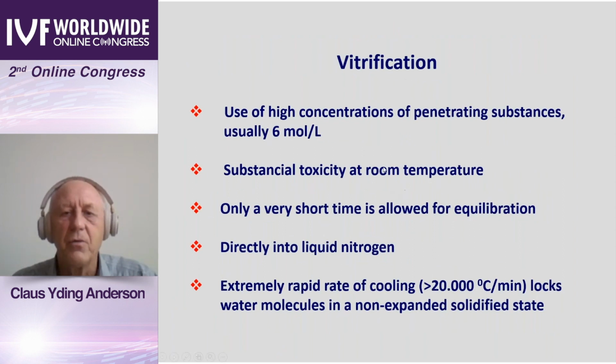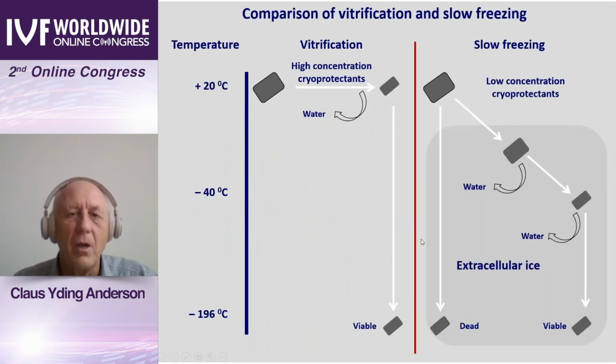At 6 molar, we have to do it very fast and cool it really fast in order to avoid ice crystal formation. You can schematically show it this way: in vitrification, we put the tissue in a very high concentration and it shrinks, and then we plunge it into liquid nitrogen, and then it remains viable.